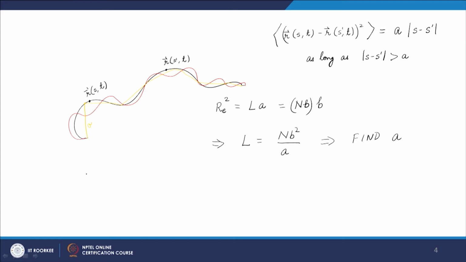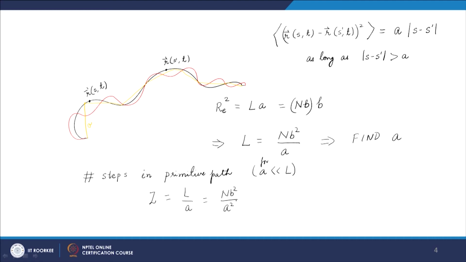And so, the number of steps in the primitive path can be approximated, provided the number of steps is large, that is A is smaller in comparison to L. It can be approximated as Z equal to L by A, that is N b squared by A squared.